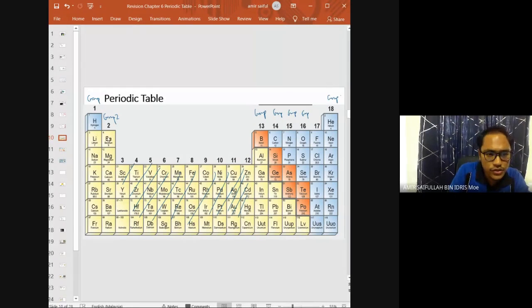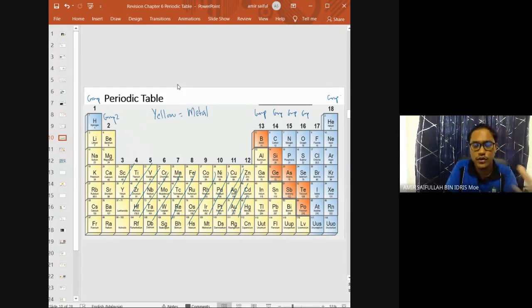Okay, so as you can see here, group 1 and group 2, the yellow ones, are all metal. Most of them exist as metal in the solid form.